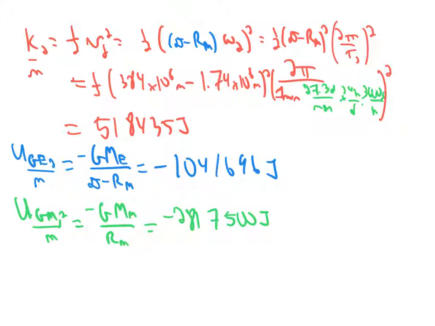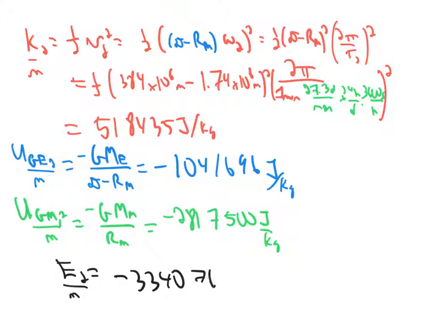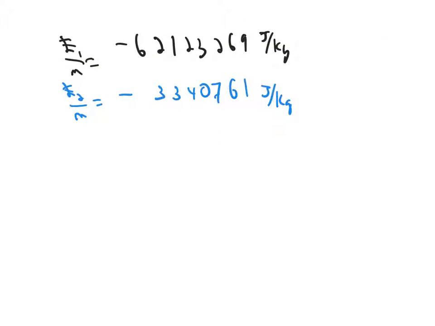Likewise, the potential energy due to the Moon would be minus G times the mass of the Moon over the radius of the Moon, which will turn out to be, I guess these are all per kilogram, minus 2,817,500 joules per kilogram, and so the grand total for the energy in case 2 per unit mass is minus 3,340,761 joules per kilogram.